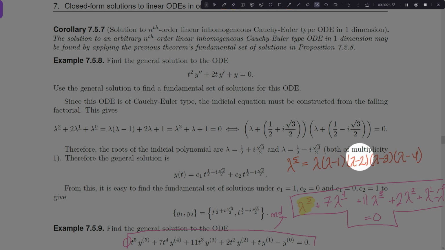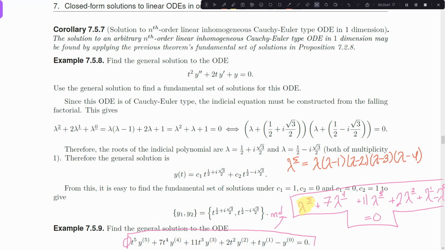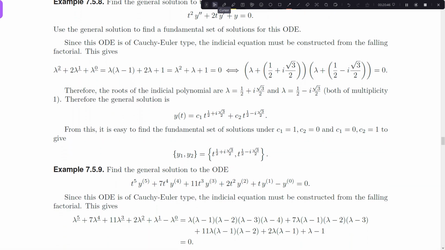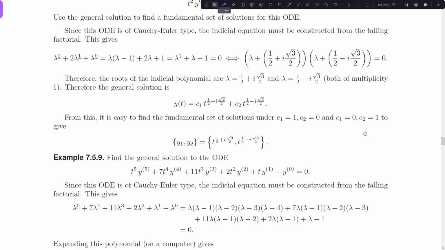So that's when I know how to stop with my following factorial. And so that term here would get replaced by this product of lambdas. To following factorial to the 4th, I'd get rid of the last term, and I'd have this product of lambdas and so on, and then I'd have to expand it all out. And this is why computers are very useful, right? Because they'll do it for us. So there I've written it all out for you in its total beauty, and I say it's equal to 0.